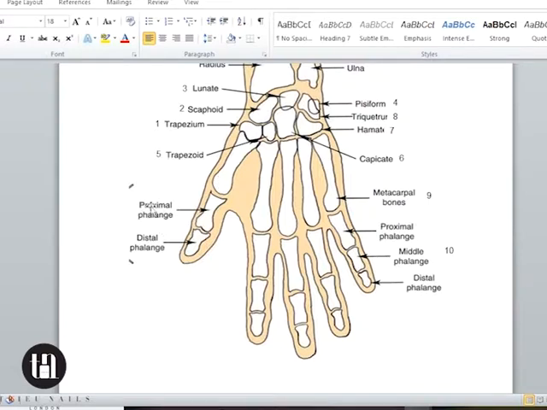In terms of phalanges, you don't need to know the breakdown of proximal and distal phalanges. You just need to know that they are called phalanges, and the metacarpal bones are in your palm. To distinguish between your fingers and your thumb, your thumb only has 2 phalanges, whereas the rest have 3.